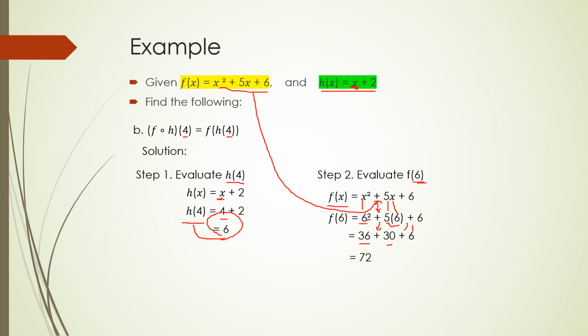Now here is our final answer: 36 plus 30 plus 6 is equal to 72. Therefore, the value of f composed of h at 4 is equal to 72. So you just follow the two steps.